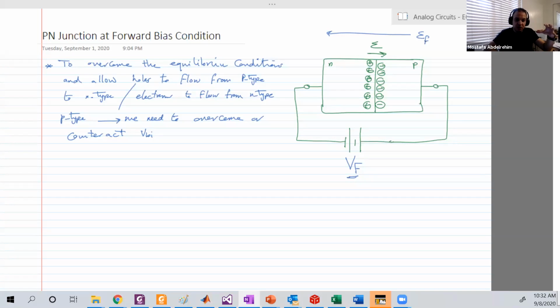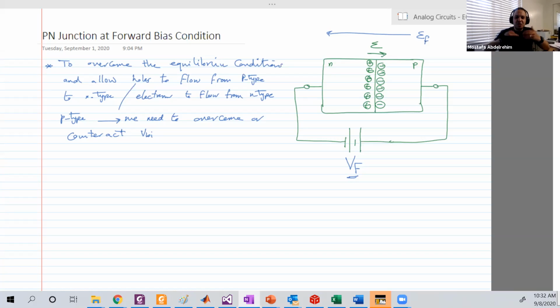So if we put a forward voltage with a value enough to overcome, or larger than, we can say, the built-in electric field or the built-in potential, the flow of the holes or electrons will continue. Okay, that's a very basic understanding of what's happening.